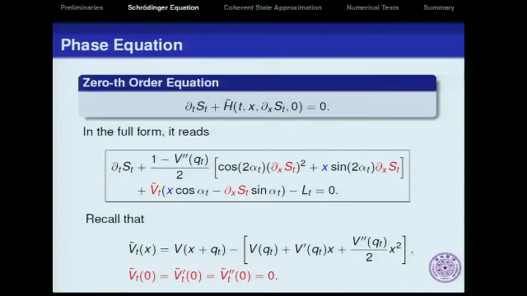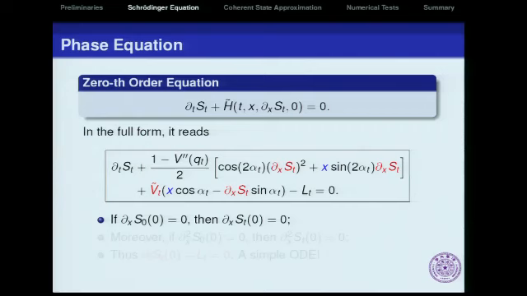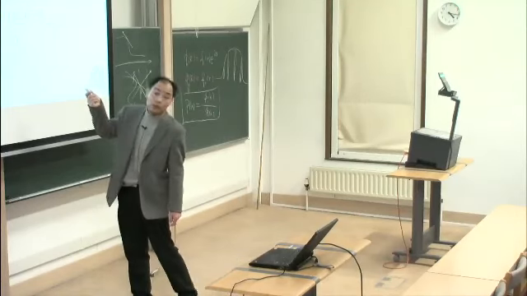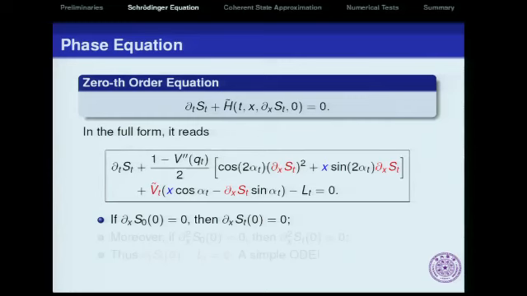So the value of this function at 0 is 0, and the first derivative and the second derivative are also 0.